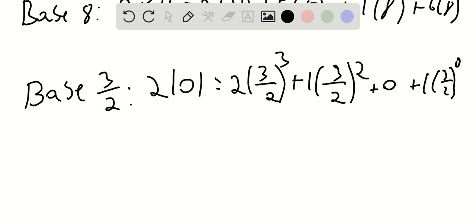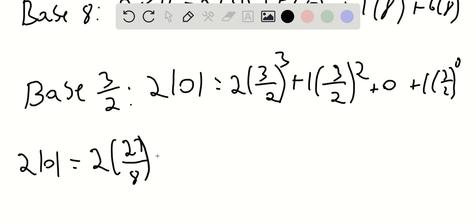What would we have? If this is true, then 2101 written in base 3 halves would be equal to 2 times 3 halves cubed. Well, 3 halves cubed is 3 cubed over 2 cubed, so that would be 27 over 8. So we'd have 2 times 27 over 8.